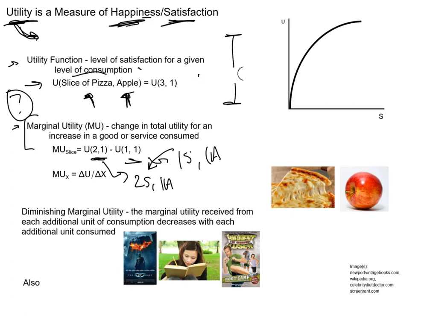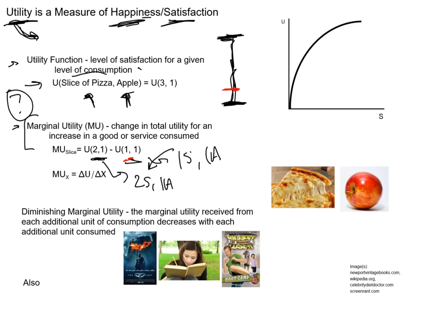So again, we can think about it conceptually, on a scale from the most unhappy, unsatisfying situation you could have in your life to the maximum amount of happiness. Think about where you would be if you had 1 slice of pizza and 1 apple. For me, I'd be about right there, right? It's not bad, it's not great.